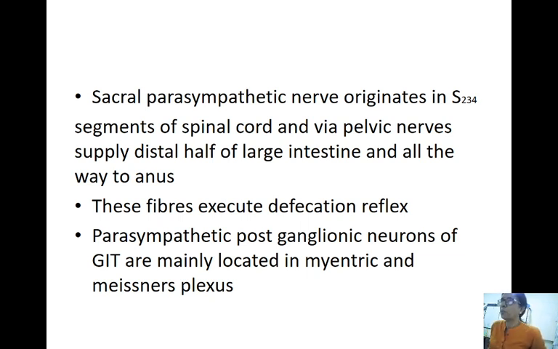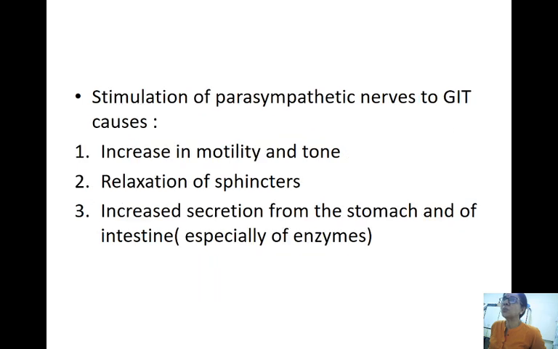When this plexus is stimulated, stimulation of parasympathetic nerves to the GIT causes an increase in motility and tone, and relaxation of the sphincters. It will increase the secretion from the stomach and intestine, especially of the enzymes. So this is your parasympathetic nerve supply.